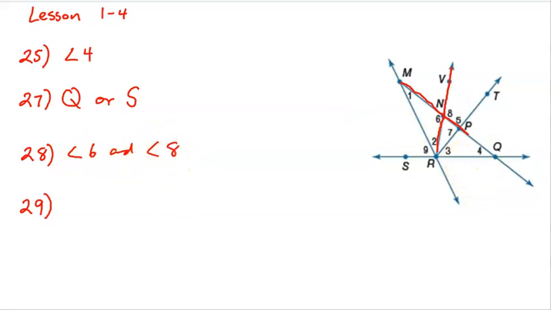I noticed that there's probably another one or two just looking through here. This angle would be at that vertex R, and it shares the same vertex with this angle.